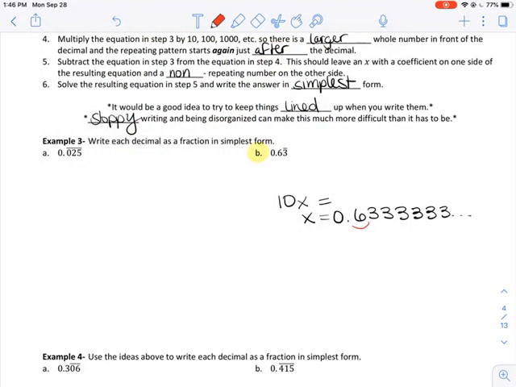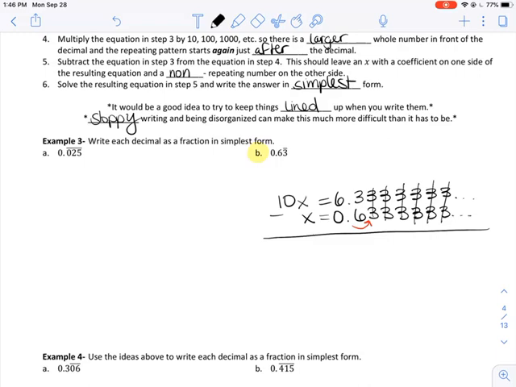Okay, when I move it over 1 to the right, I get 6.33333. Okay, this one still lines up. We're just going to cancel all of these guys when we subtract. And now all I have left is 6.3 minus 0.6.